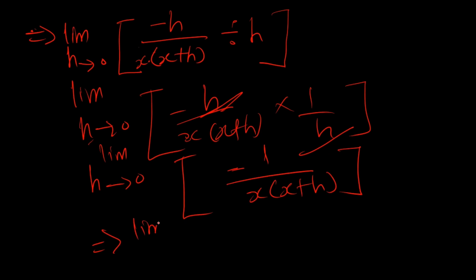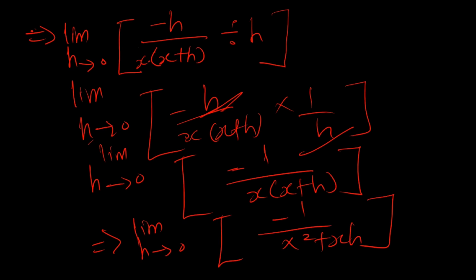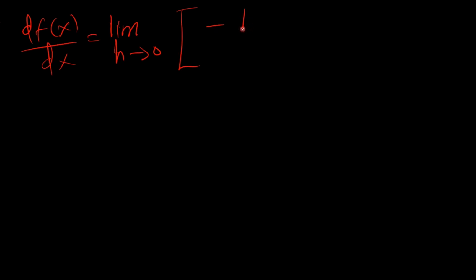Further simplification will yield the limit as h approaches 0 of negative 1 over x squared plus x h. So this is what we have now.